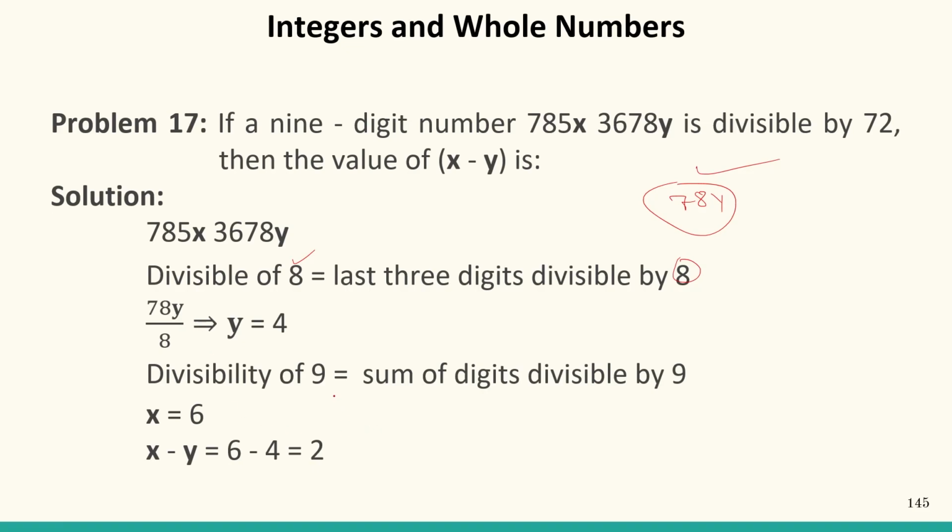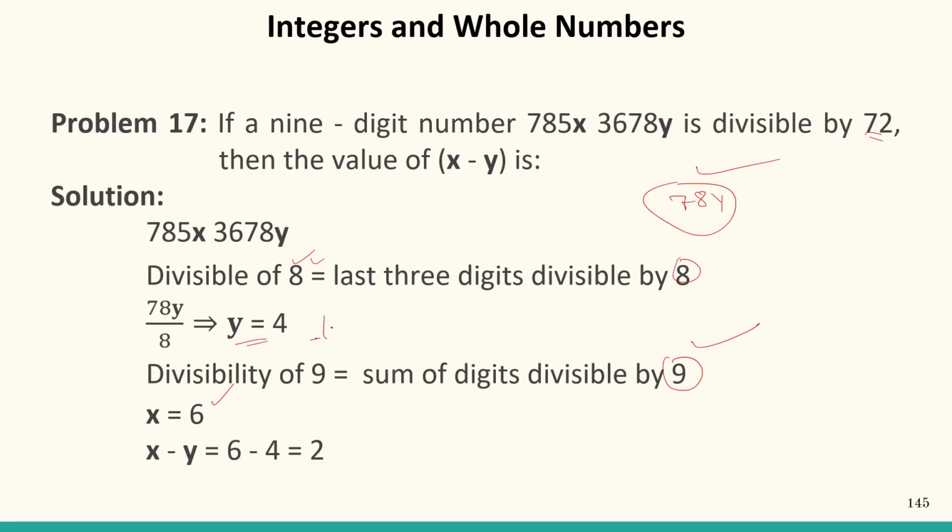So divisibility of 9 means the sum of all digits must be divisible by 9, because if it is divisible by 72, then it must be divisible by 8 and 9 both. Okay, so summing all of them, what we are left with is x must be equal to 6. Since y is equal to 4, we can replace 4 right here.